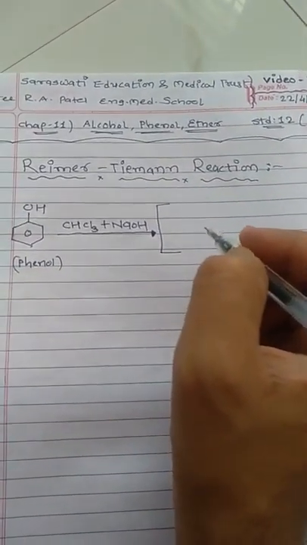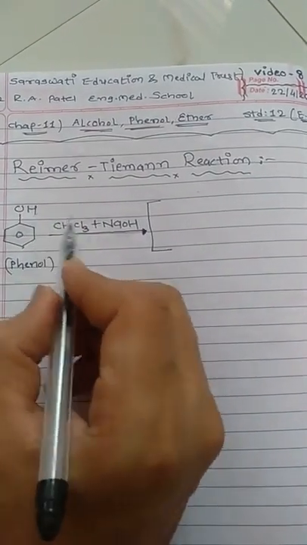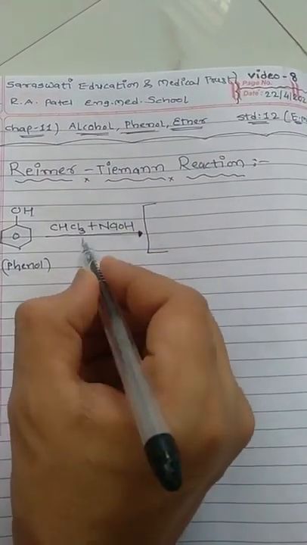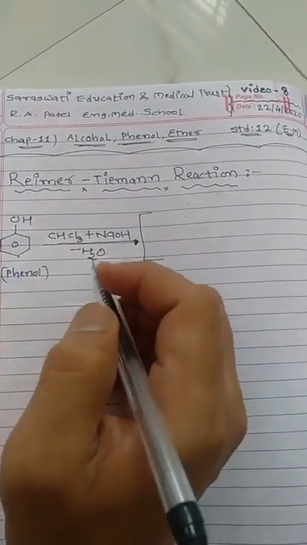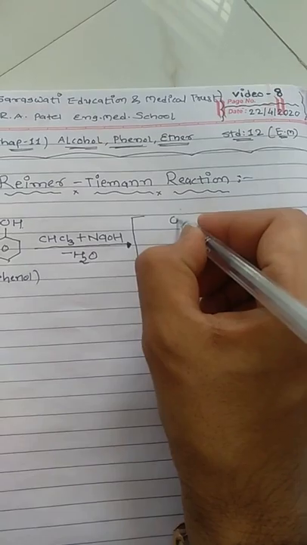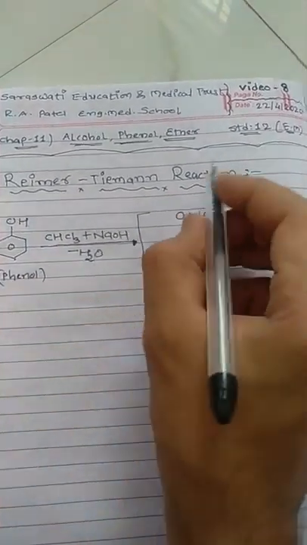So how can we get the intermediate? Look over here, H and OH are removed in the form of H2O. Now we have oxygen and sodium over here. This is oxygen, this is sodium.